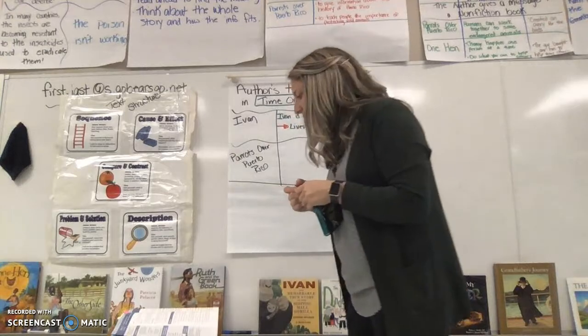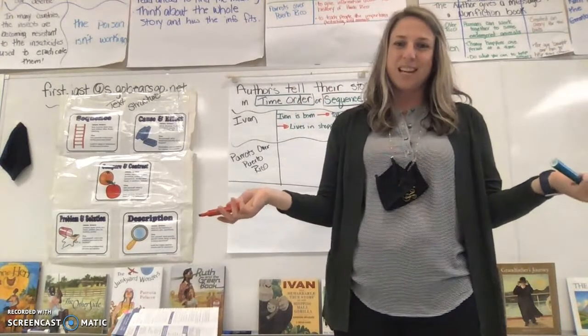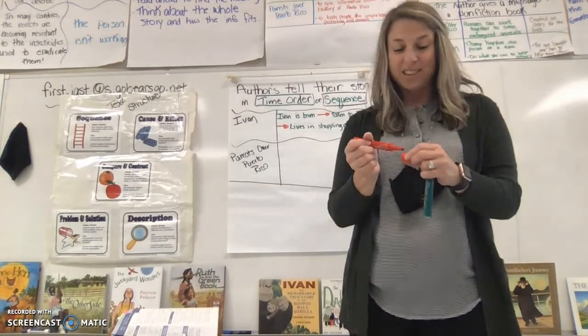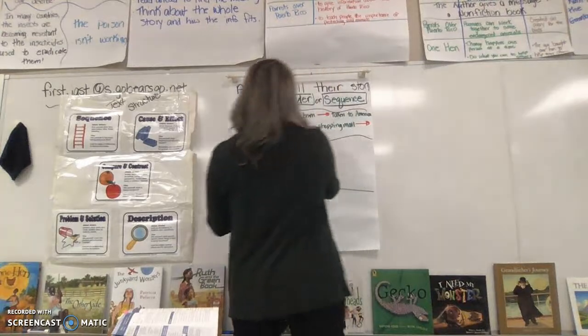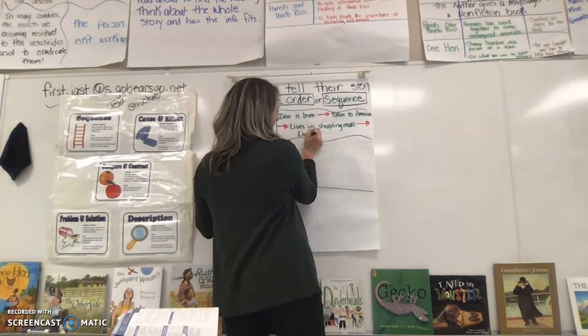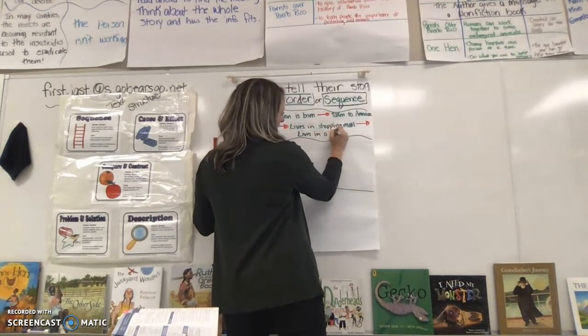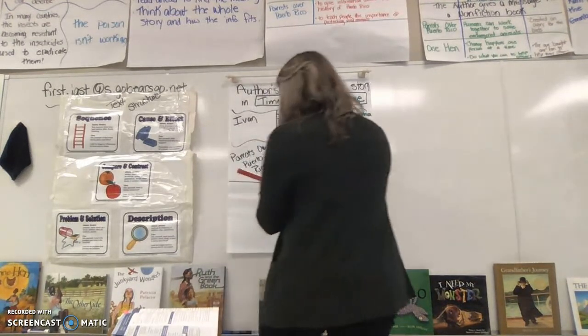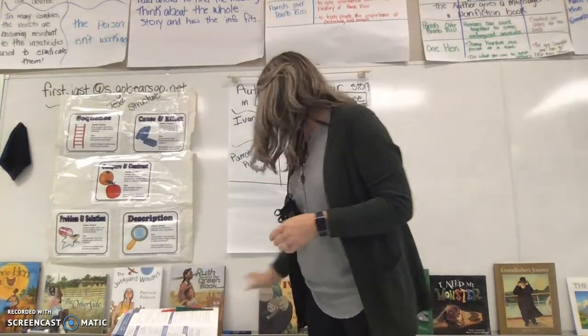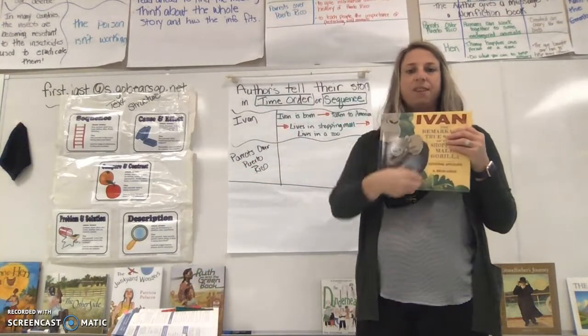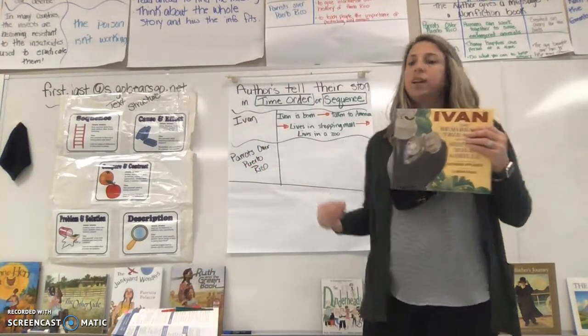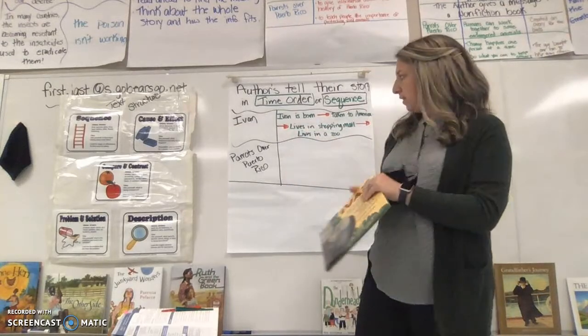And then in the end, what gets to happen to Ivan? He gets to go live in the zoo. So in the end, he lives in a zoo. So right there, we could take this book and it tells the life of Ivan from the time he was born until the end. And that's what we just did.